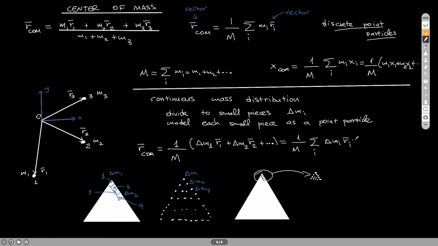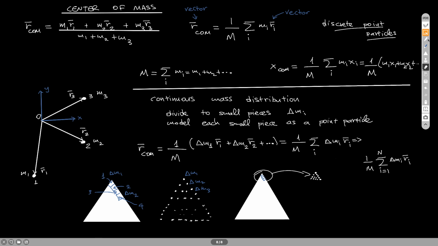So I'm going to say that the center of mass of that solid object is 1 over m, the sum as i goes from 1 to n, of delta mi ri. So everything is the same as before, but now let me erase this part.